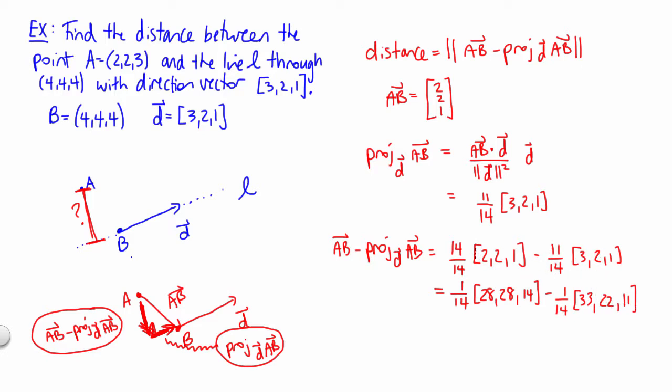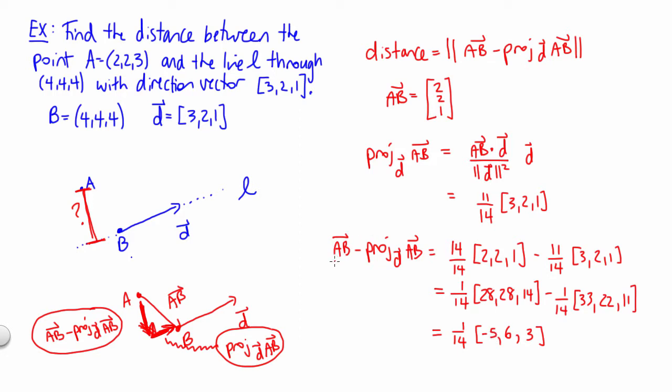I tend to make these kind of algebra mistakes if I rush here, so I'm just putting in this step. It's optional. You could probably jump down to your final answer in one step if you're feeling comfortable with it. We're going to have 1/14 times the following vector. We'll have 28 minus 33 gives us -5, 28 minus 22 gives us 6, and 14 minus 11 gives us 3.